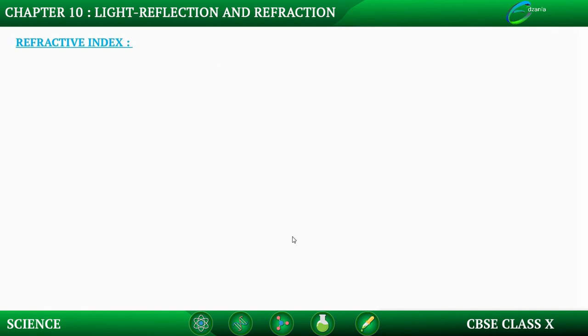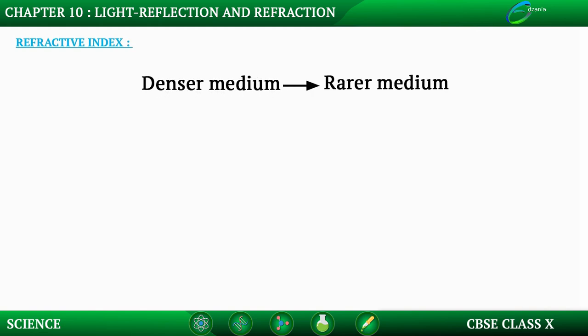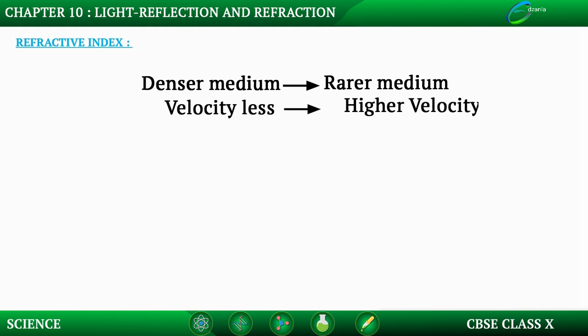With all this discussion about refractive index and understanding of these phenomena, we can say when light enters from an optically denser medium to an optically rarer medium, the velocity of light here is less, and here it is higher. Light will travel faster in this medium.